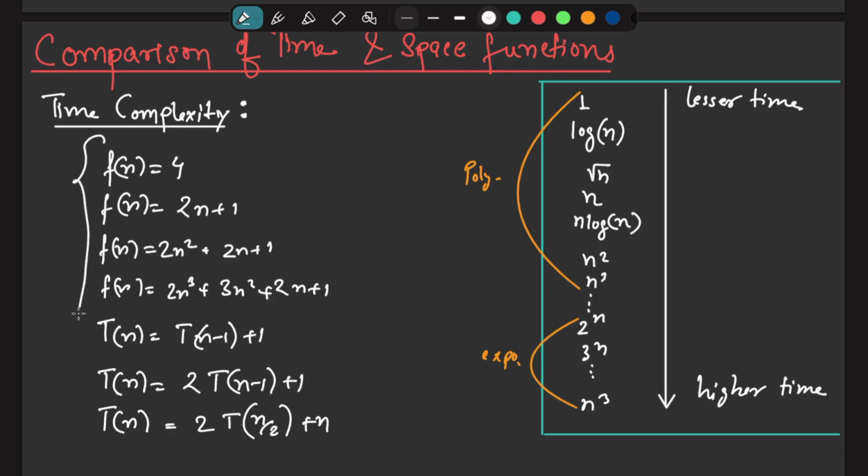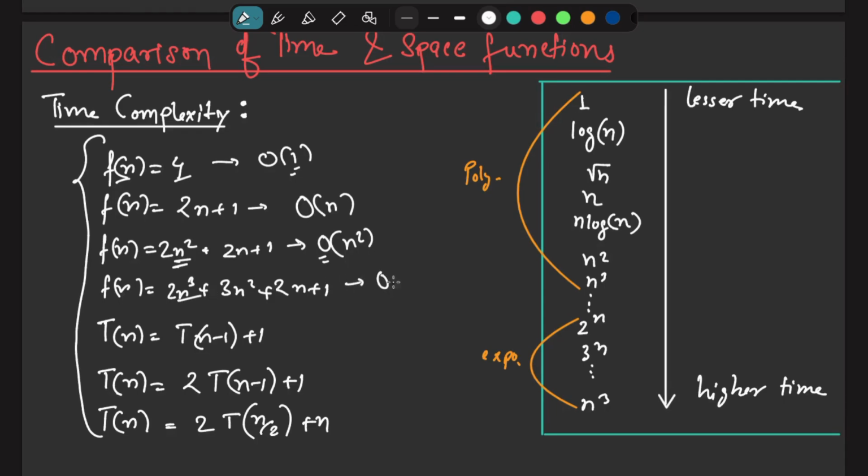As we have seen previously in our running time calculations and other examples, whenever we got a time function such as a constant value, the order was O of 1 because the power of n was 0. For a linear function, the order was order of n, and for a quadratic function, the order was order of n square, or big O of n square, which we usually say.